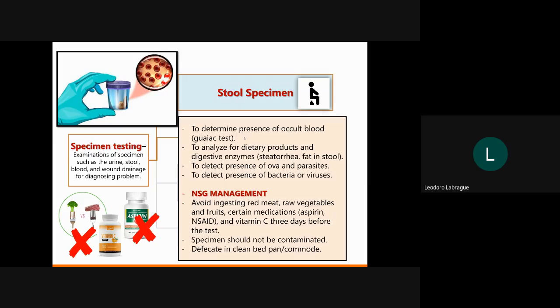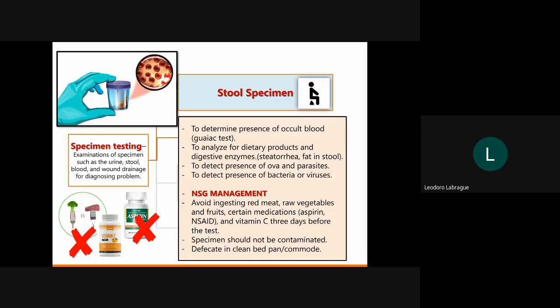The second one is to analyze for dietary products and digestive enzymes. Okay, especially if your patient has a problem with absorption of some vitamins. Your patient cannot absorb fats. Your patient cannot absorb some nutrients, maybe because there's a problem with the digestive enzymes.